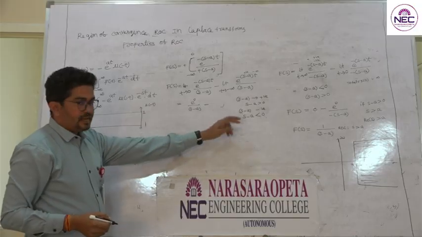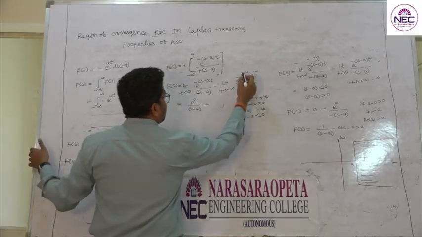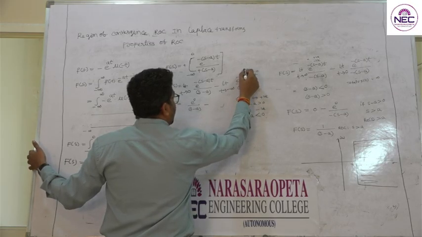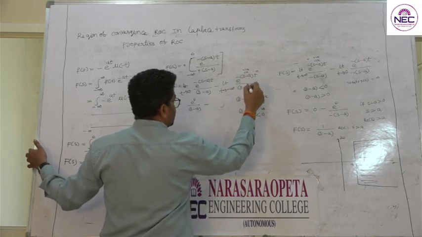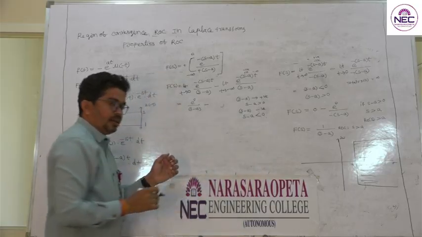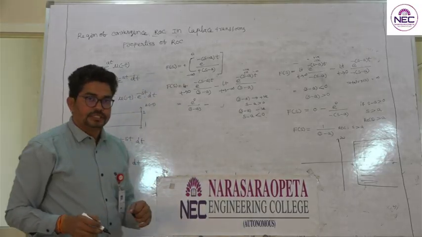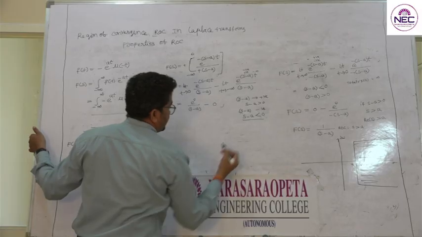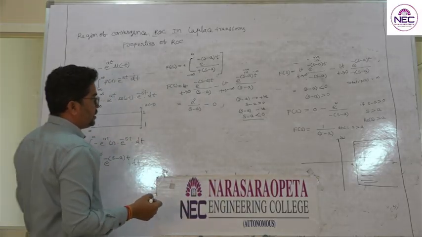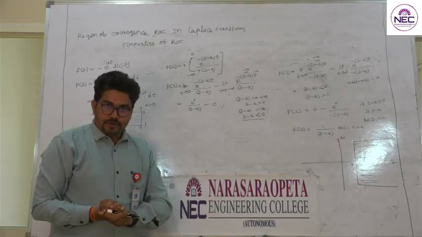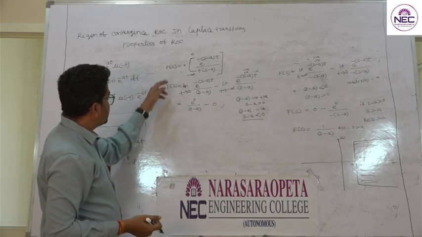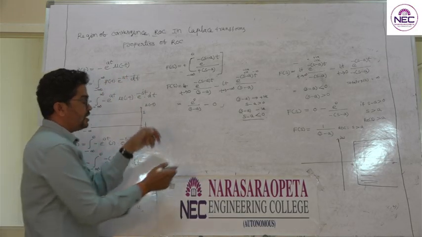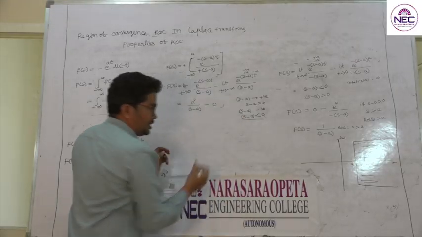Then minus into minus plus, plus into minus e power minus infinity equals 0, so the second term value is 0. The condition s minus a greater than 0 is not the region at which the Laplace transform exists or converges for the signal f of t. Here, because it is a left side signal, s minus a must be less than 0.